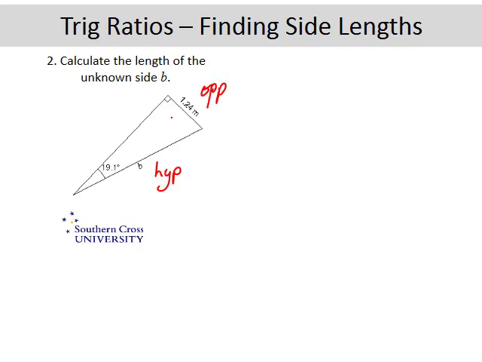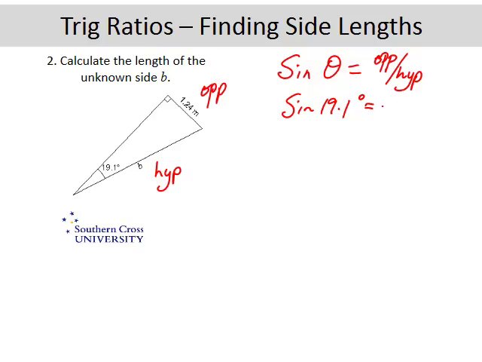It is opposite the specified angle of 19.1 degrees. So we've already discovered that that's the sine ratio, so we write out that sine theta is equal to opposite over hypotenuse. And so sine 19.1 degrees is equal to, the opposite is 1.24, and the hypotenuse is b.